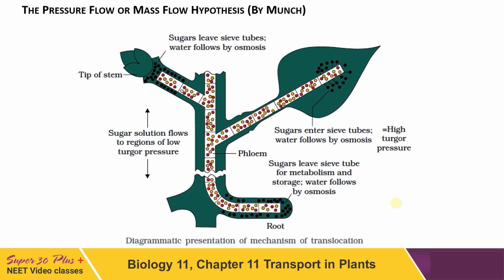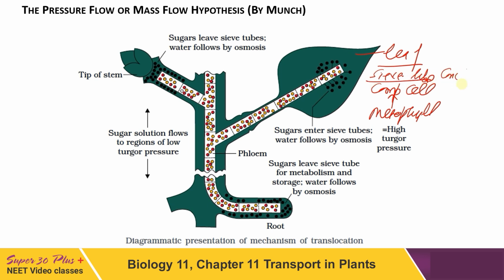A hypothesis is given for how the food is translocated. You see, children, this one is a leaf. In a leaf, you know sugar is synthesized in mesophyll. From mesophyll it enters the companion cells, and from companion cells it enters the sieve tubes. Because of this, the concentration in the sieve tube increases, and water from xylem enters the sieve tube, and hydrostatic pressure increases here, in the leaves, at the source.